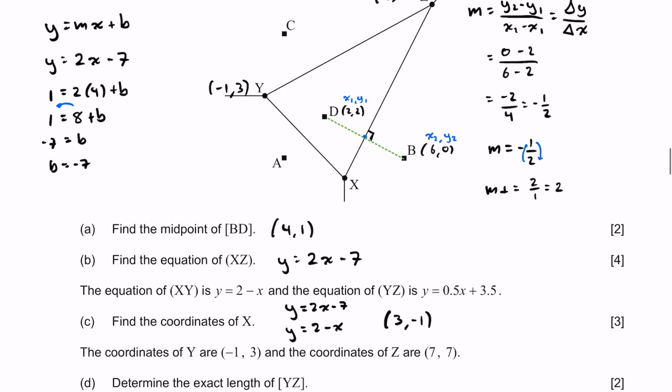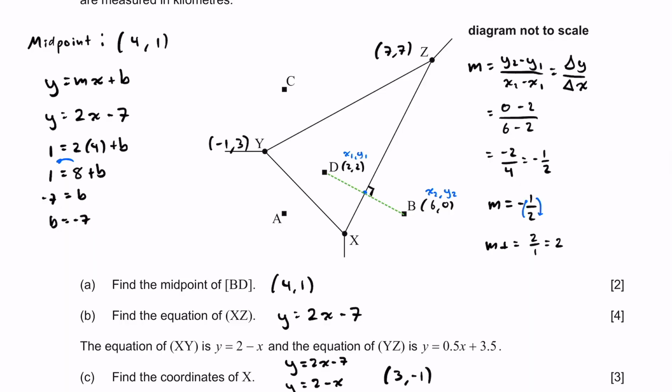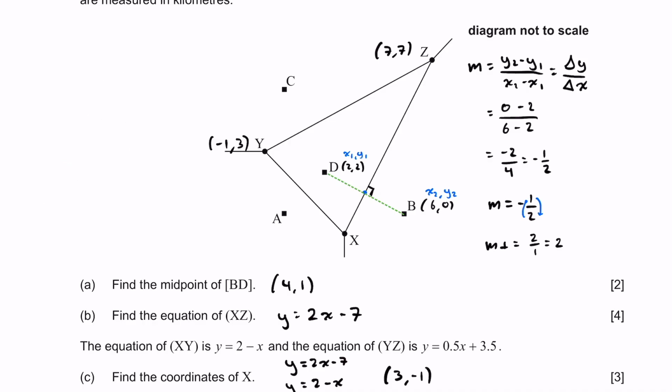Okay, so a few different ways we can solve this. I think the easiest way is to use the distance formula. Actually, the easiest way might be to use Pythagorean theorem, which is essentially the distance formula. But let's go ahead and use the distance formula. Distance formula is given to us in the formula booklet.